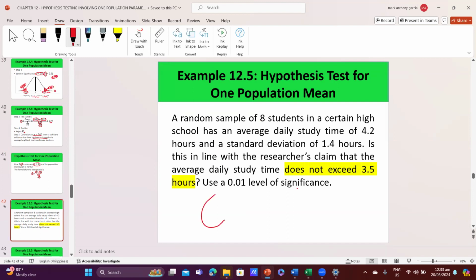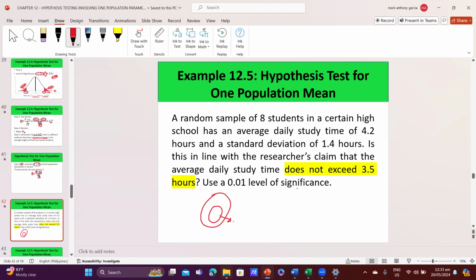So the population of study in this problem is the set of high school students in this school, and then we measure their daily study time in hours.